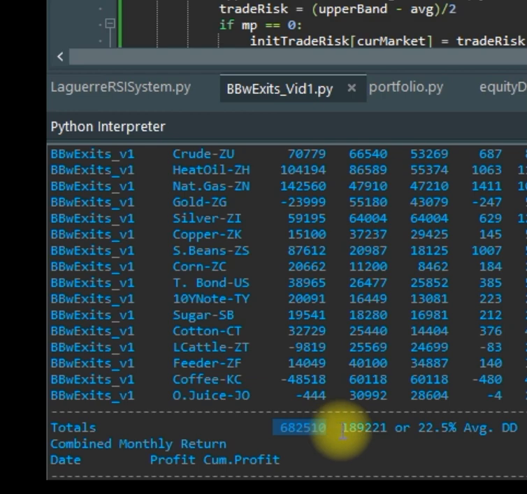We had a pretty steep drawdown of 189,000. So that's what, almost 1-to-4 ratio. More like 3 maybe. 3, yeah. That's not bad for a trend following system, to be honest with you.